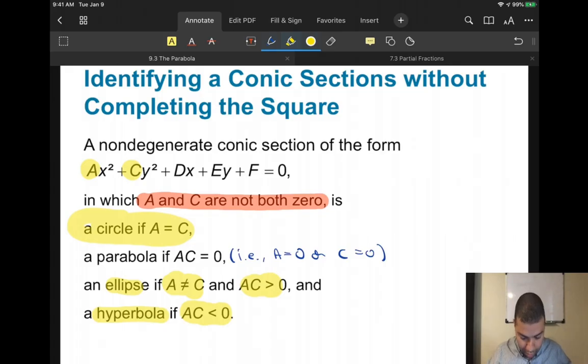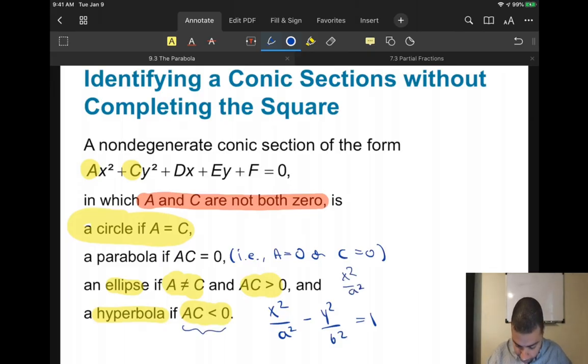So you recall that happens on the basic equation of a hyperbola too, right? You see that y squared and x squared have different signs, so that's why the product is negative. For ellipses, that's the equation of an ellipse, right? So then x squared and y squared have the same sign.